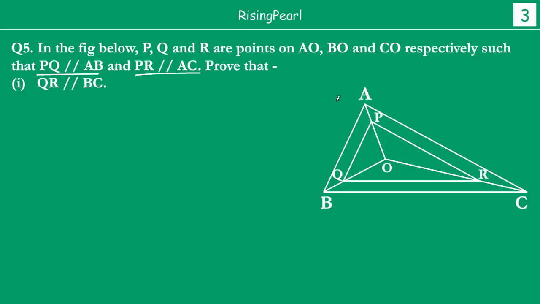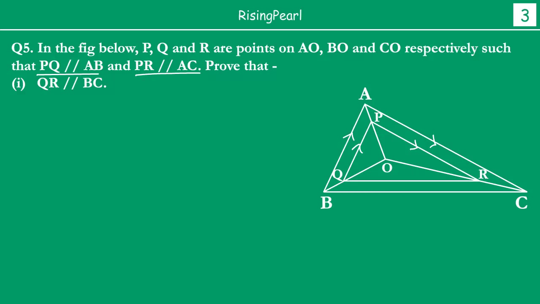That is, PQ is parallel to AB and PR is parallel to AC. And we have to prove that QR is parallel to BC.